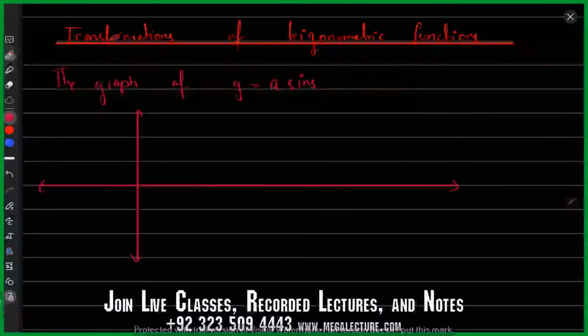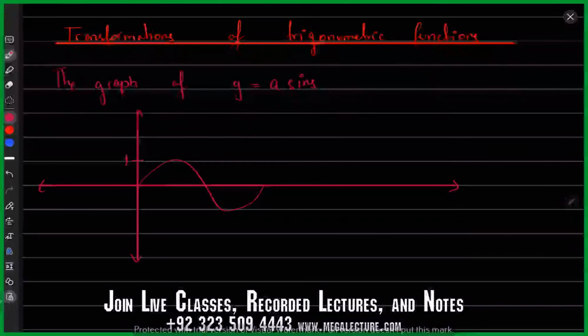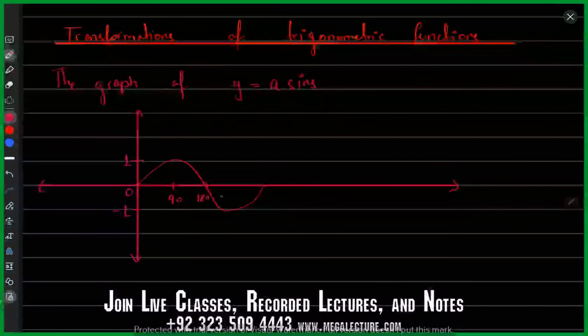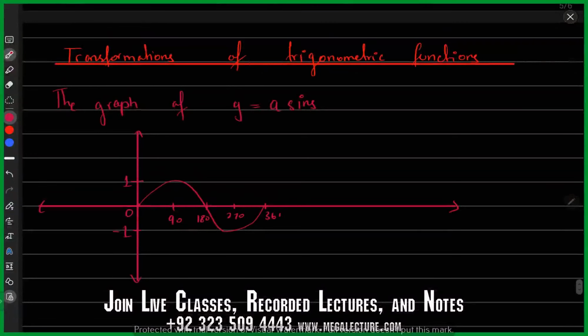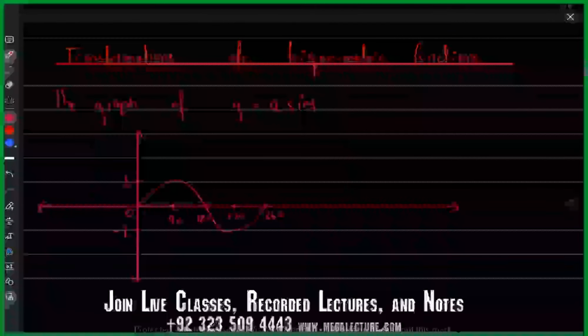If I talk about simple sine of x, so simple sine of x is something of this type. This point is basically 1, and this point is basically -1. Then at this part, we have 0. This is 90. This was 180. This is 270. And this is 360. This is y equals sine of x.